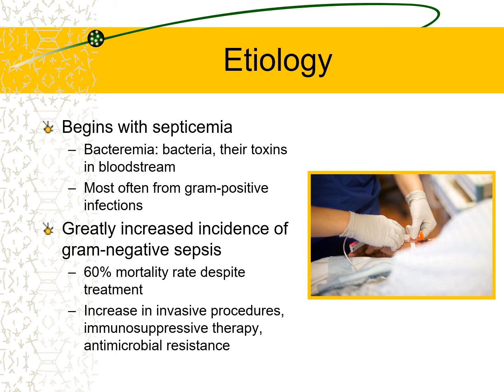We already said that it's most often gram-positive infections, but it could be gram-negative as well. If it's a gram-negative sepsis, the mortality rate increases. Okay, so we are seeing a greatly increased incidence of gram-negative sepsis, and it has a high mortality rate associated with it, even if we are treating that patient.